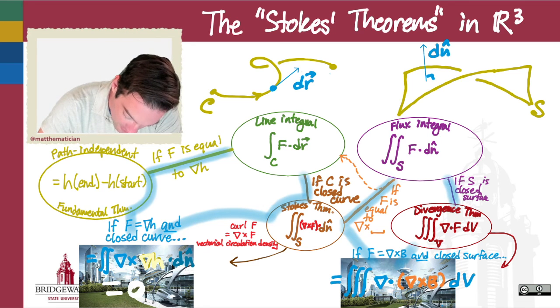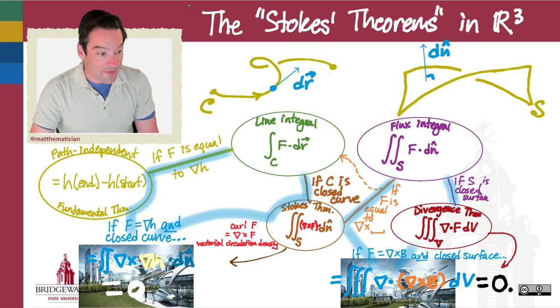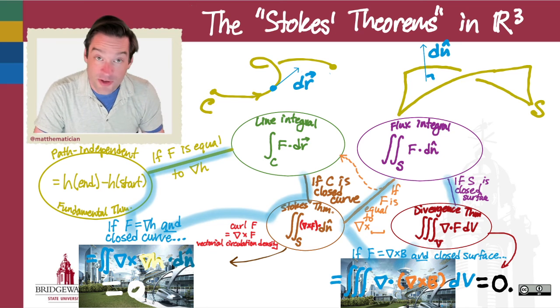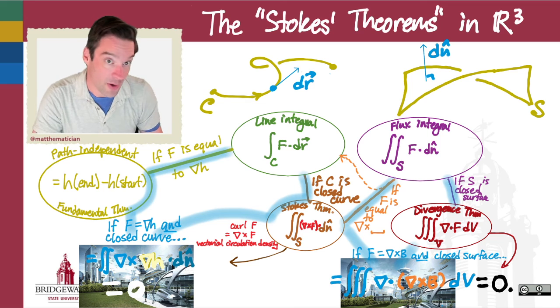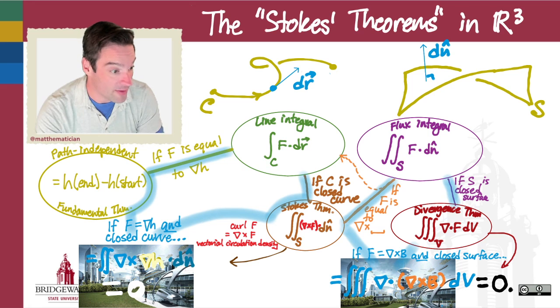And if the integrand is equal to 0, then the integral is going to be equal to 0. So any vector field which is the curl of some vector potential, if I integrate it on a closed surface, its surface integral is going to be equal to 0, according to the divergence theorem, for the same reason that when I integrate for circulation of a gradient vector field on a closed path is also 0, by the same application of these Stokes theorems.